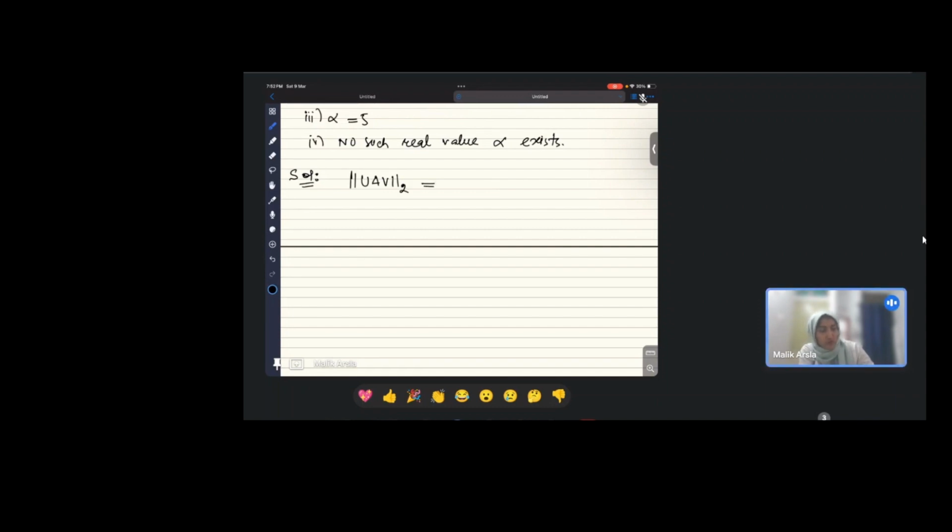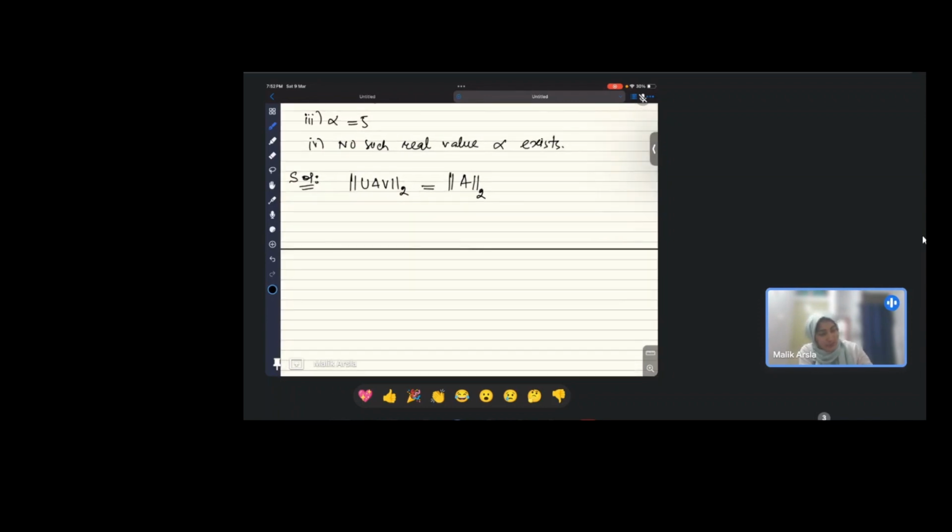So the 2 norm of UAV is equal to the 2 norm of A. And for calculating the 2 norm of A, the first step is we will calculate A transpose A, which is equal to A transpose is 0 3 0, alpha 0 alpha, 0 3 0, and A is 0 alpha 0, 3 0 3, 0 alpha 0.